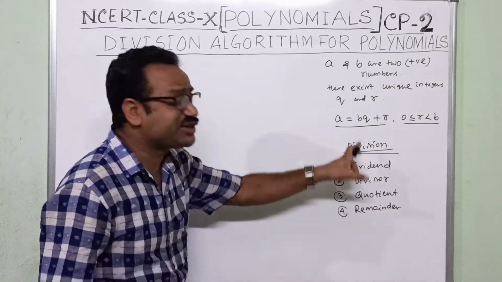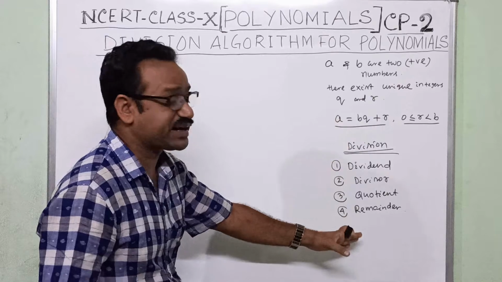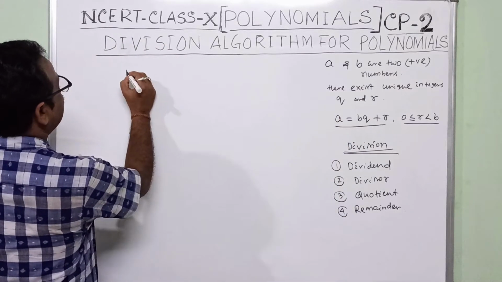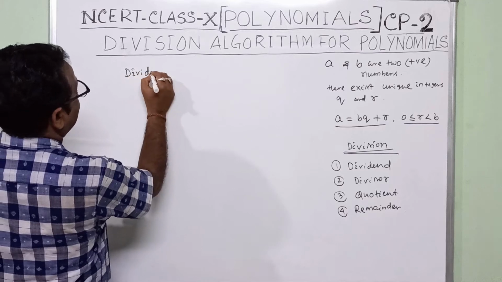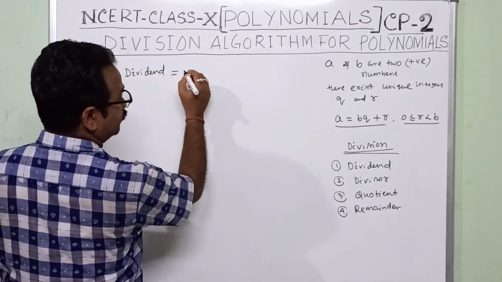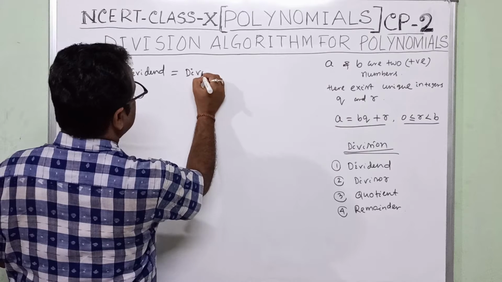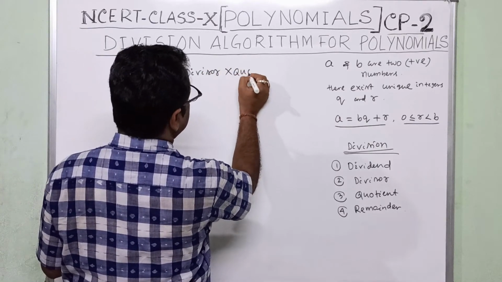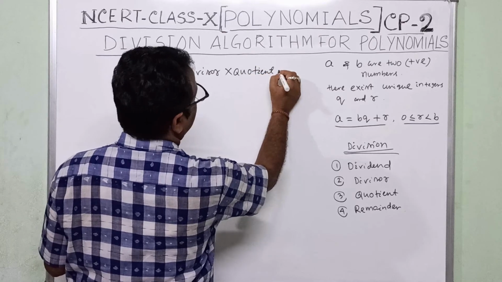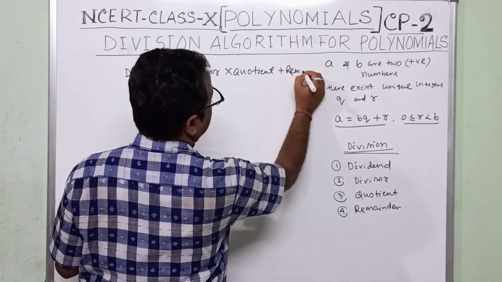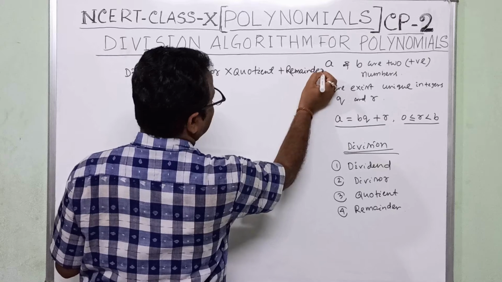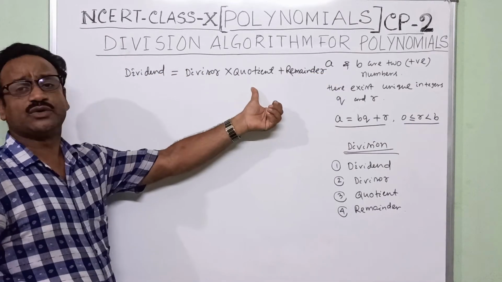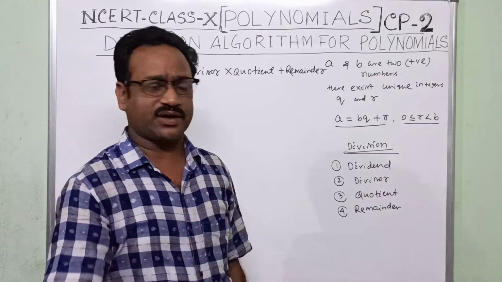So what is the relation between them? Let us first establish the relation. We already know that dividend is equal to divisor into quotient plus remainder.